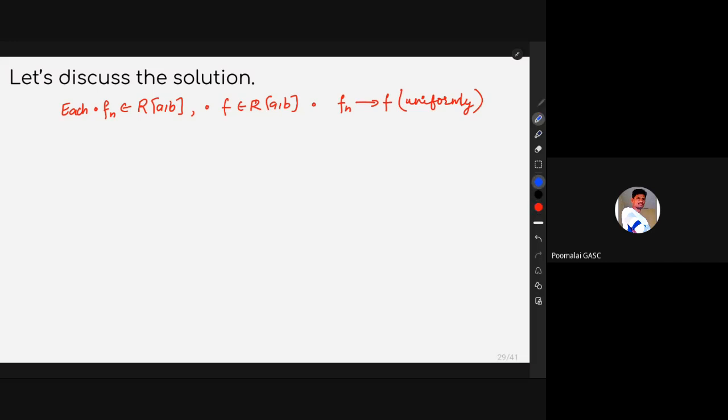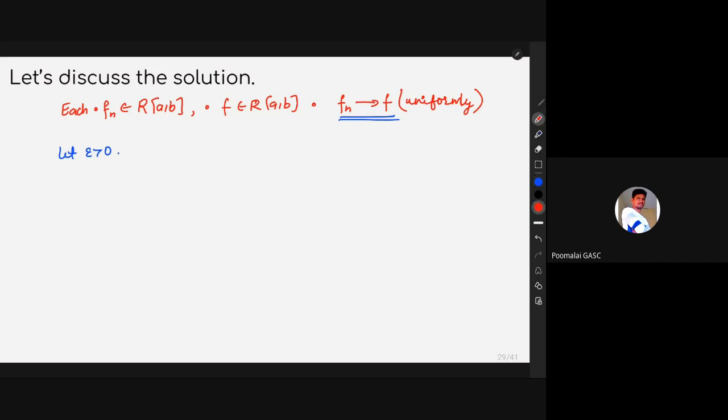Yeah. So now we want to prove. Let me start with: let epsilon be positive. We have been given this uniformity, so what does this mean?